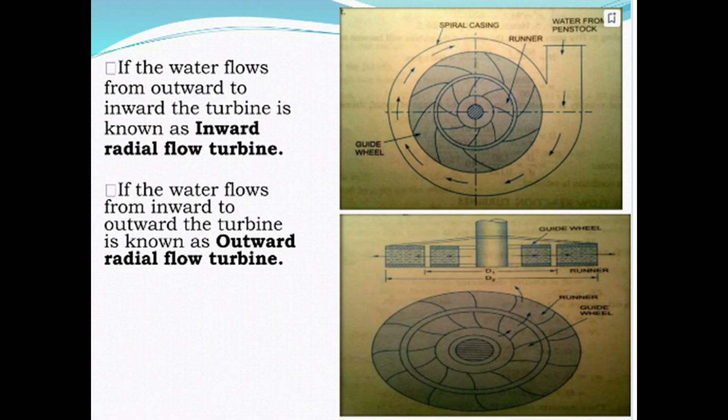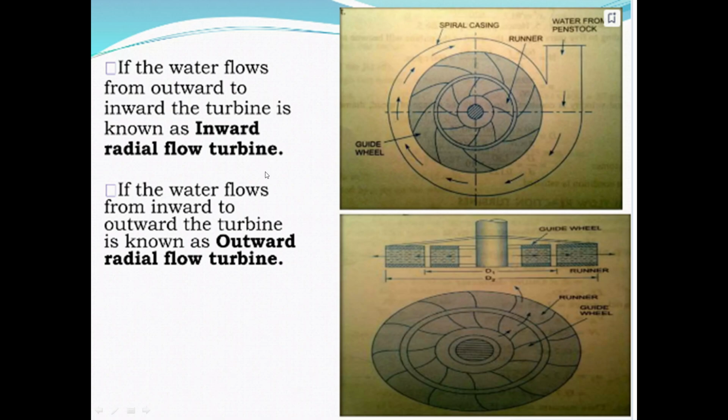The example is the Francis turbine, that you can remember. Now, this is the outward radial flow turbine. Water enters from the inner chamber to the outer chamber and leaves. The guide wheel is inside and this is the runner, which is called the outward radial flow turbine.